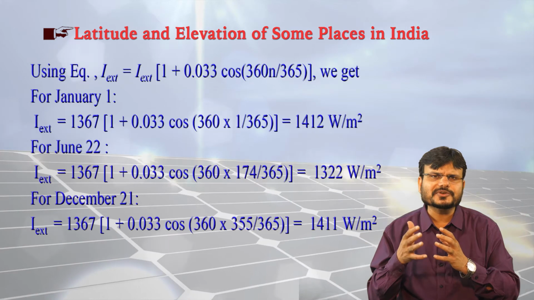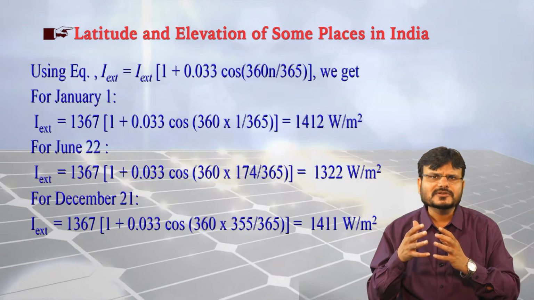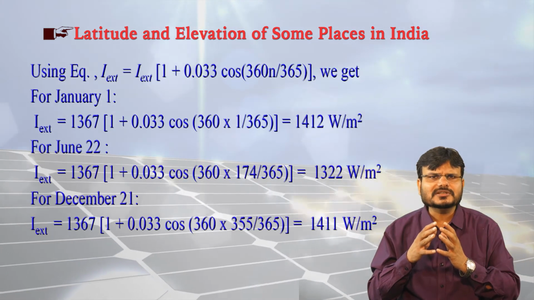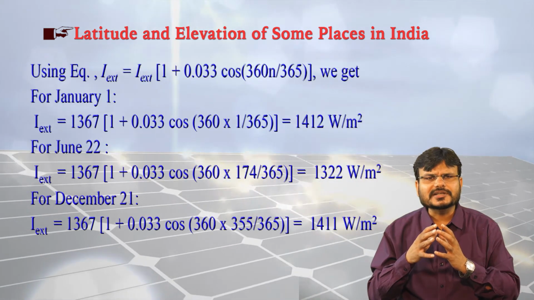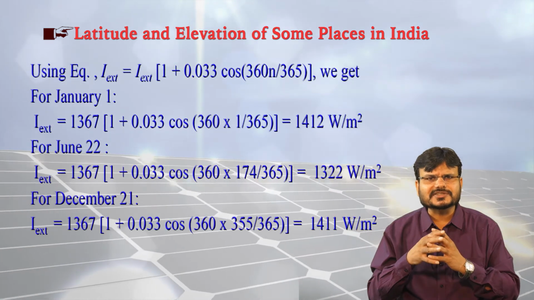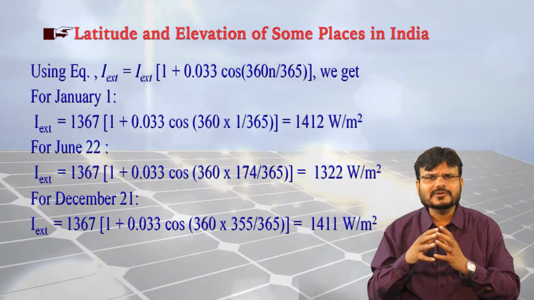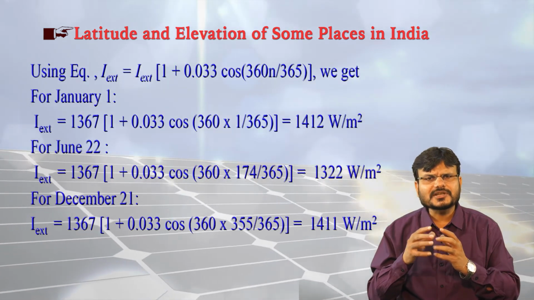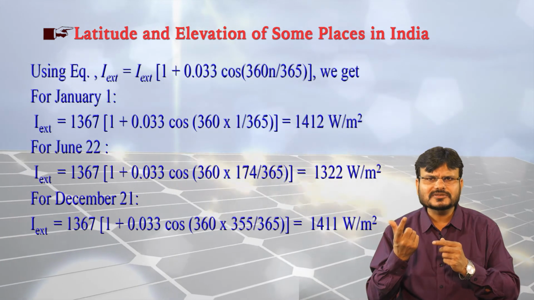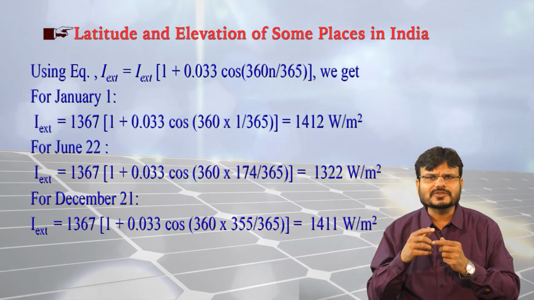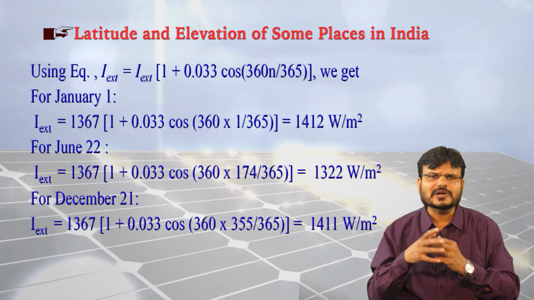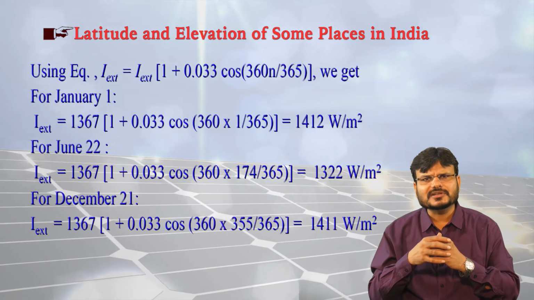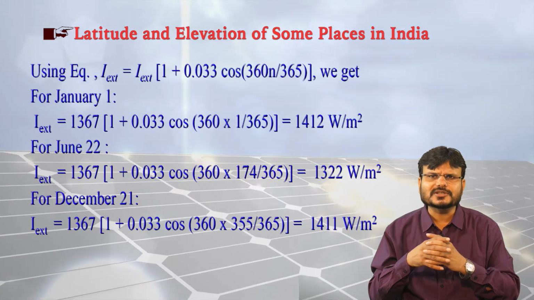Because for January 1 the value of small n is 1, so I_EXT is equal to 1367 multiplied by 1 plus 0.033 cos 360 times 1 divided by 365. So after solving you will get the value, I_EXT for January 1 is equal to 1412 watt per meter square.